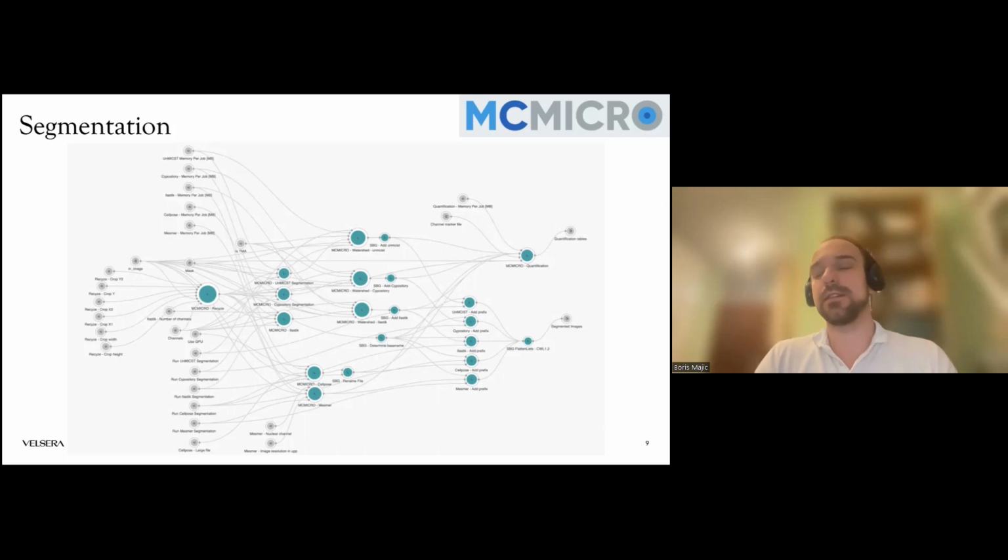So if your cell is not the appropriate number of pixels wide, if you have a larger zoom than the zoom of the model which the algorithm was trained on, you might have some problems and you might want to resize the images. This information can as well be found in the workflow description.